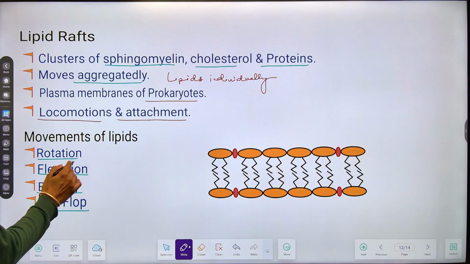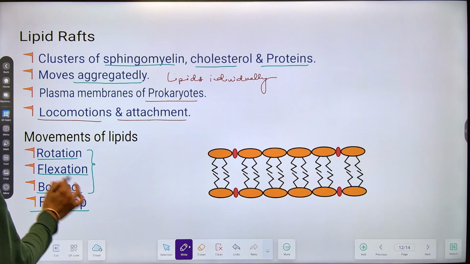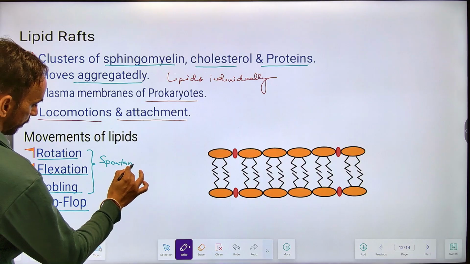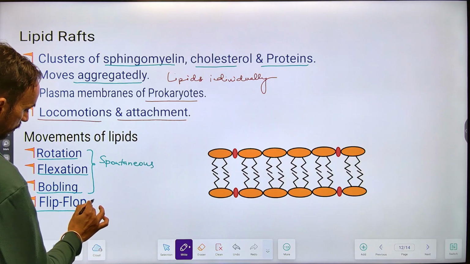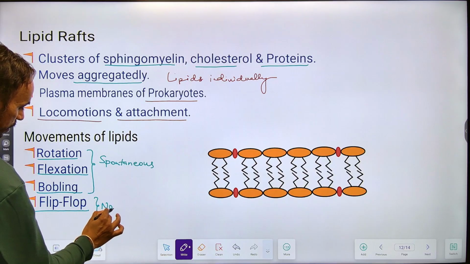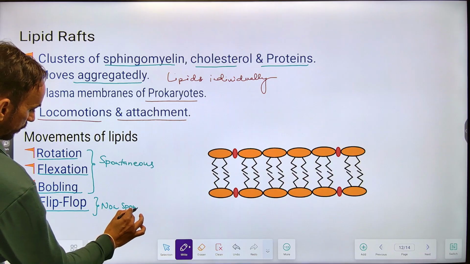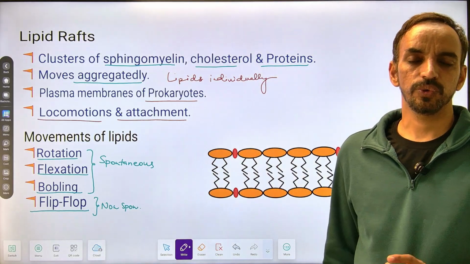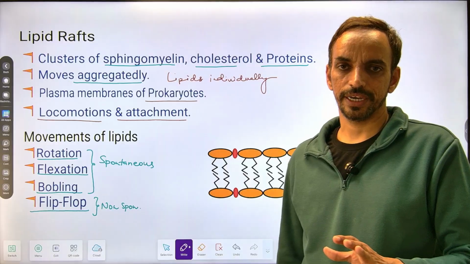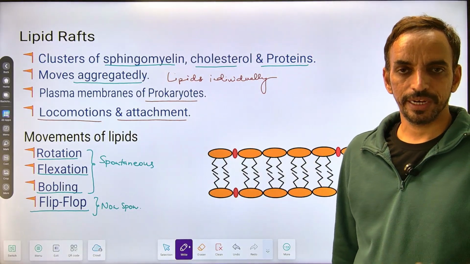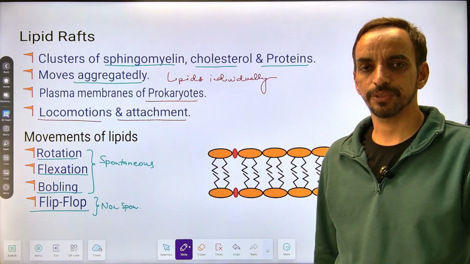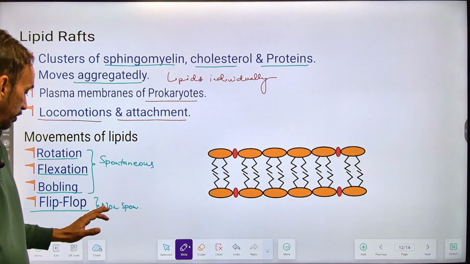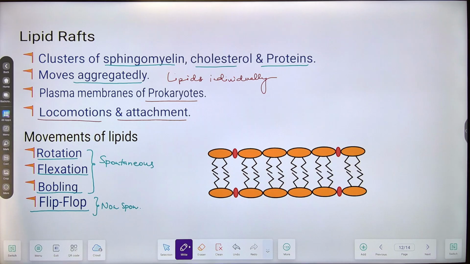Okay, so rotation, flexation and bobbling, they are called spontaneous movement. इन्हें अपन कहते हैं spontaneous movement, while the flip flop is a non-spontaneous movement.